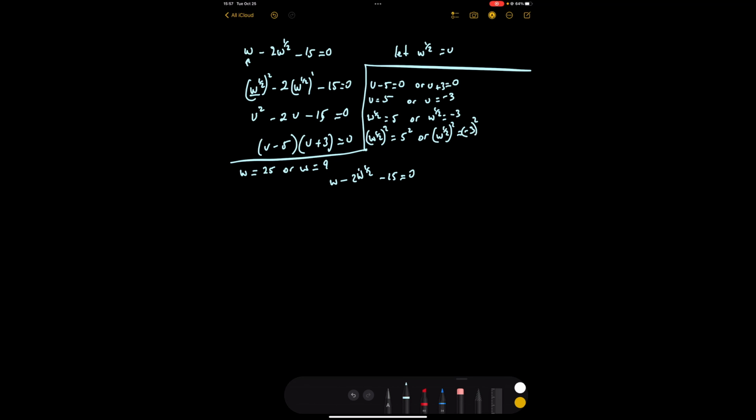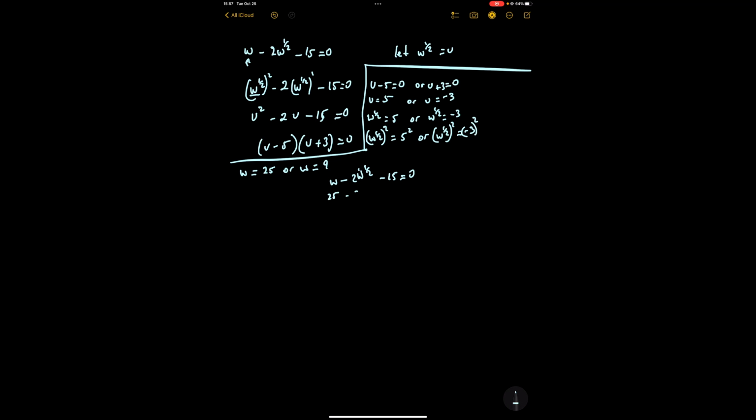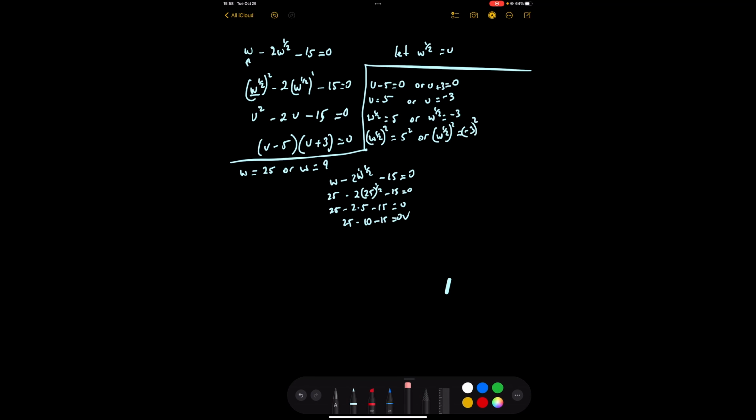Well, w equal to 25 will be 25 minus 2 times 25 to the power of half minus 15 equal to 0. Is it true? Well, 25 to the power of half is basically the square root of 25, which is 5. So 25 minus 2 times 5 is 25 minus 10 minus 15. Does that equal 0? Yes, it does equal 0.